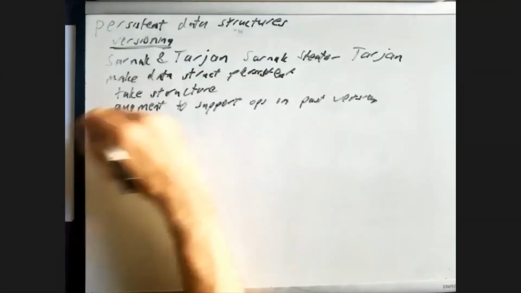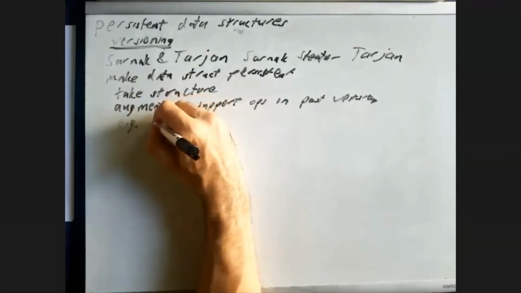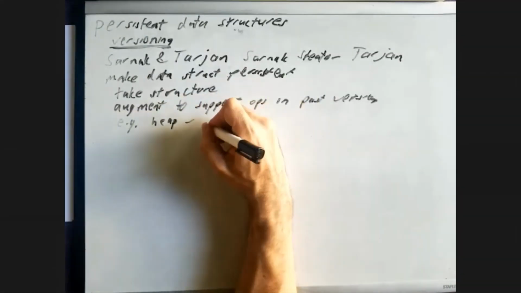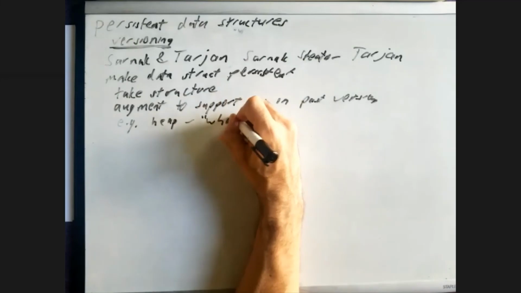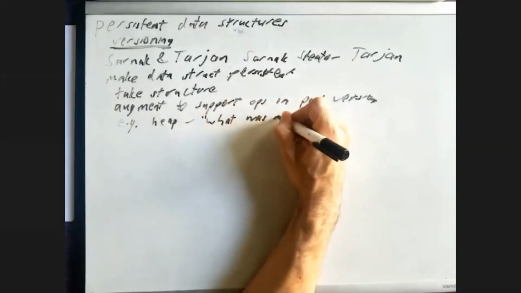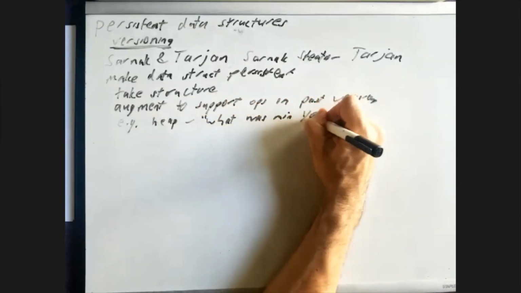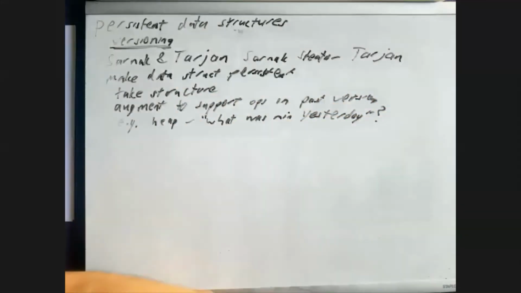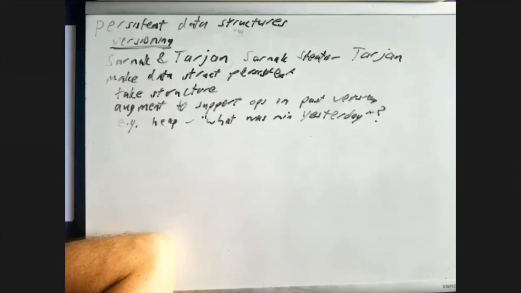So, for example, I might take a heap, and we already have operations on a heap, but what if I want to be able to ask, what was the min yesterday? Okay, that's not something you can do with a regular heap. But Sarnak and Tarjan showed how you can do a simple general purpose augmentation of a data structure to be able to answer that question.